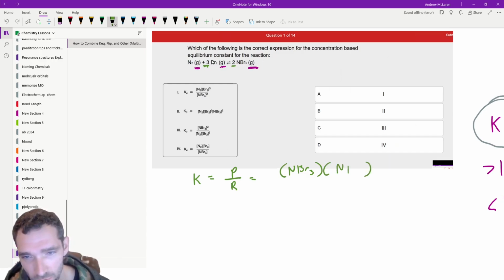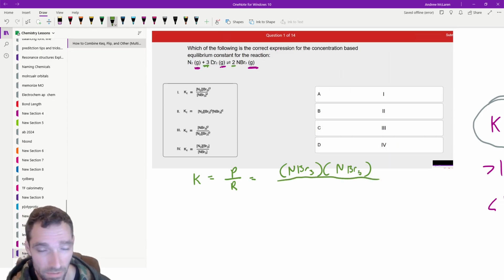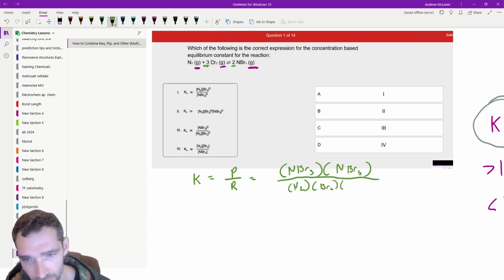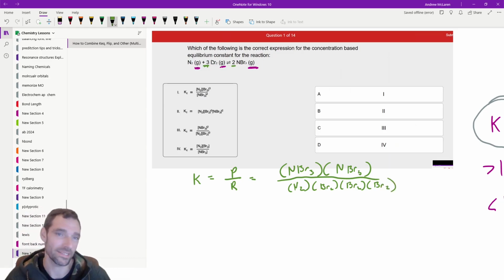So you're going to have to multiply those together, just like you have to multiply two different reactants, the N2 and the Br2. If you've got the N2, you've got one of those, and you've actually got 3 of these Br2s. So I'm just going to write it out like so, showing that we really have 4 different reactants coming together. So it's kind of like you're multiplying 4 sets of numbers.